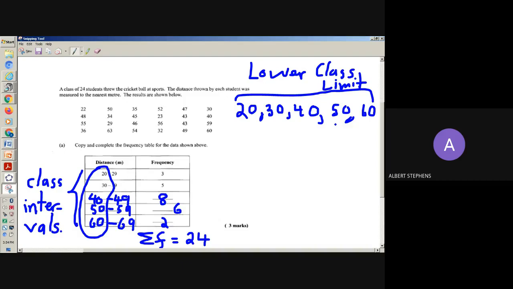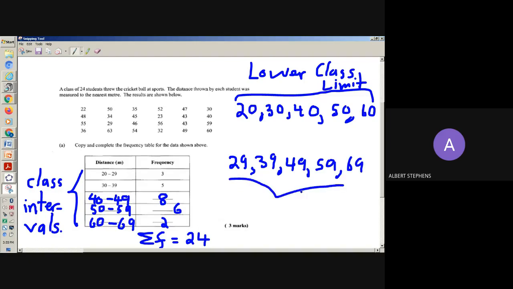They're called the lower class limit. And what do you think the numbers on the right are called? The higher class limit, or the upper class limit, same thing. 29, 39. The numbers on the right are called the upper class limit. All right, please make a note of this.